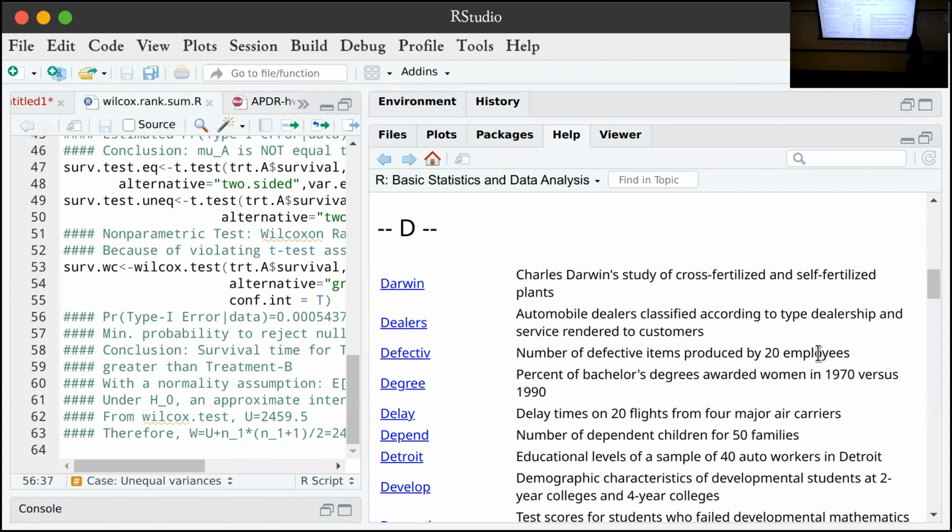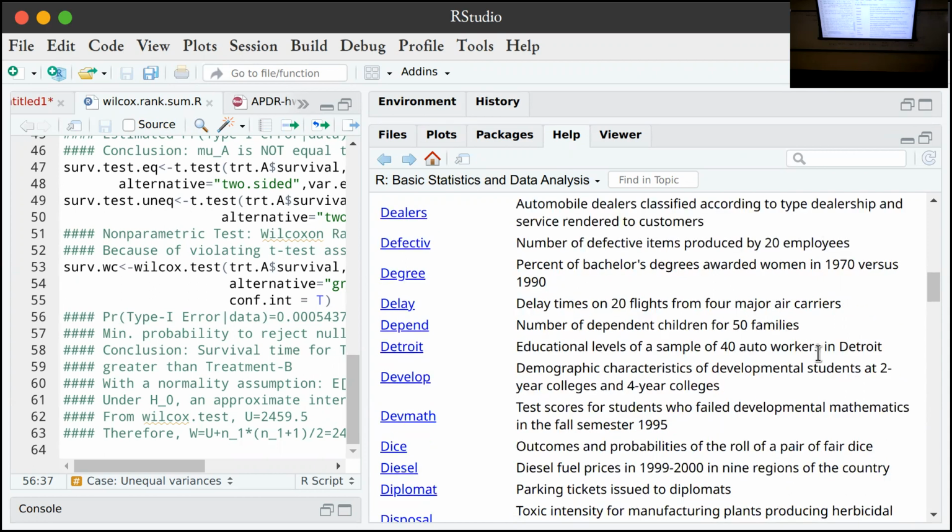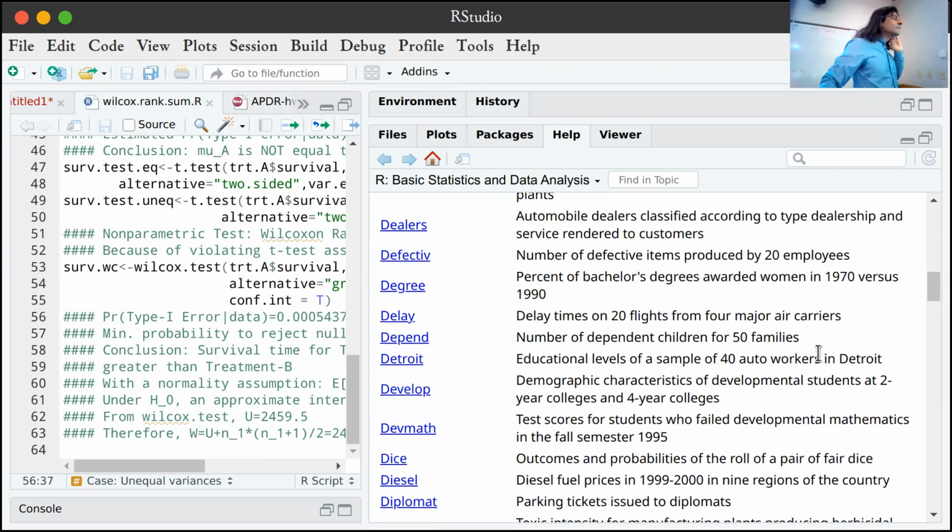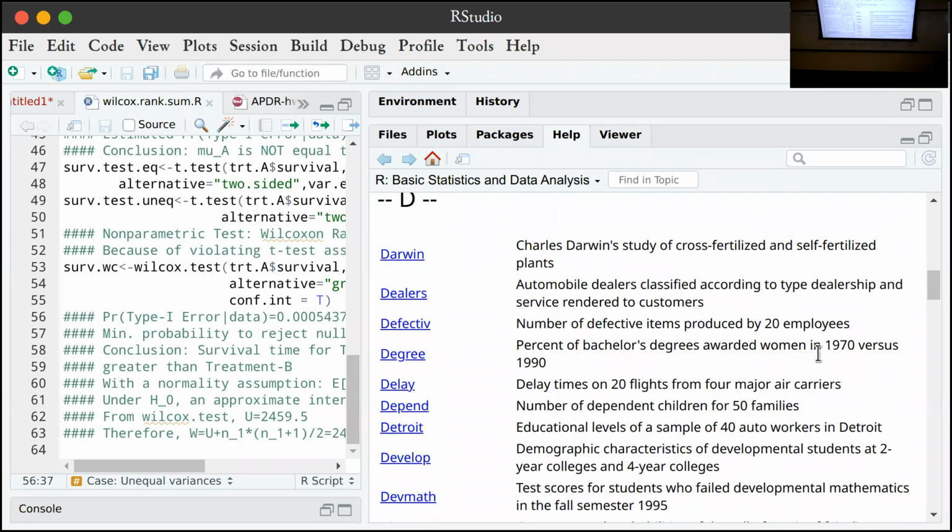So let's see. I can see as of now there are two data sets that qualify for a Wilcoxon Rank Sum. Alex says the develop one. Why so? This is the demographics, 2-year college, 4-year college.